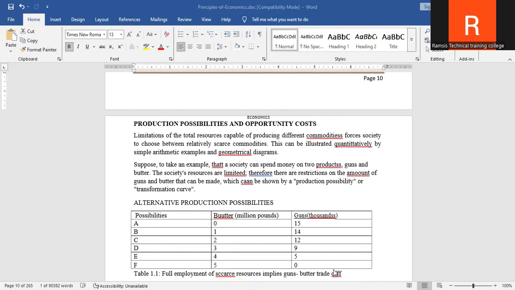For example, consumers with limited income and unlimited wants have to choose how they spend their income. Otherwise, if you spend without looking at priorities, you find yourself having difficulties surviving. Now, what is the importance of scarcity? Because you can imagine if everybody had money, everybody had everything, what would happen?